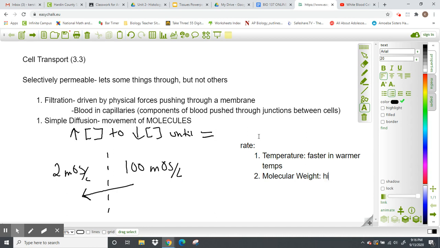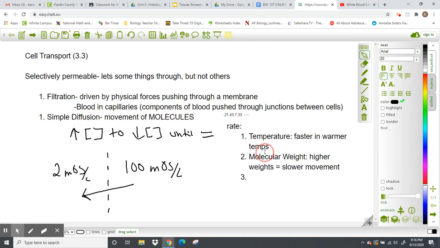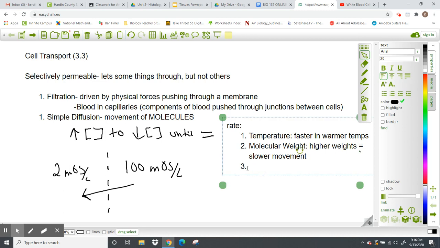So higher weight is going to equal slower movement. The molecules that have a higher weight are going to move across that membrane much slower than if it were a smaller molecular weight.